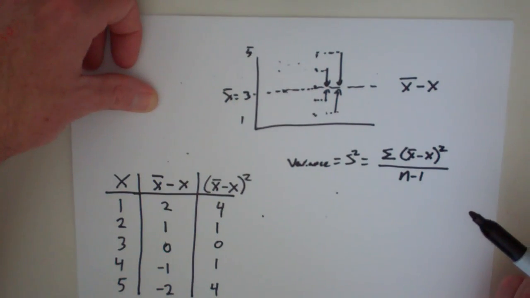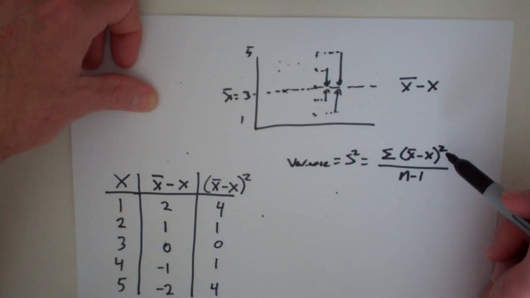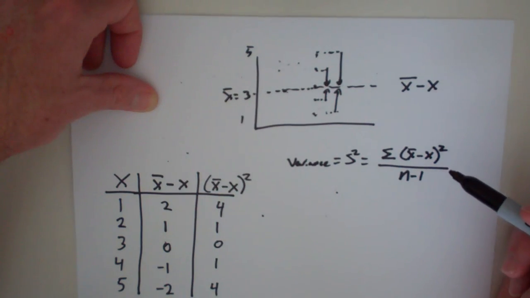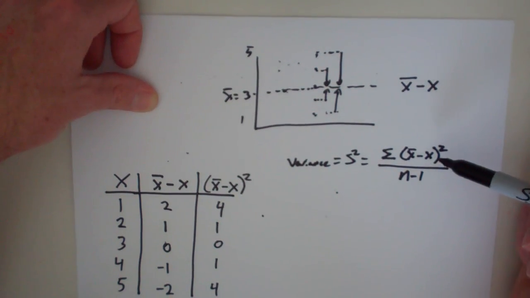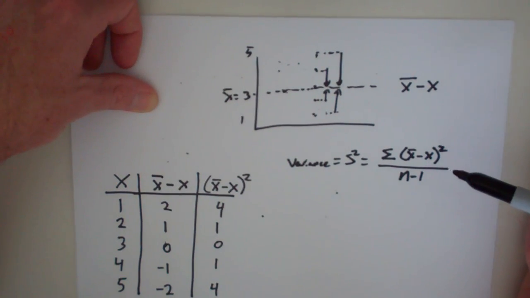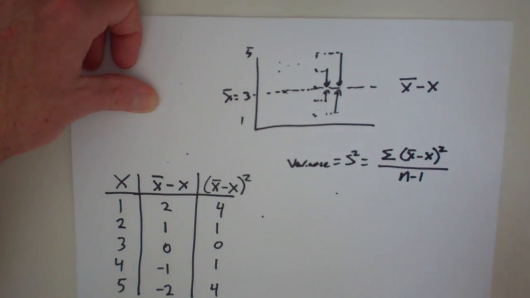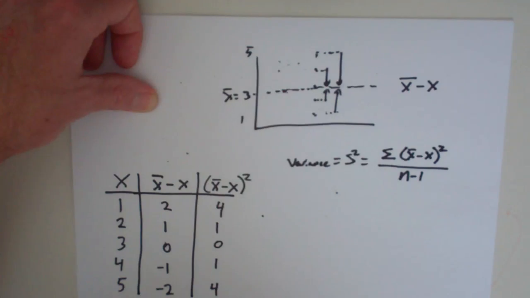So this is basically saying, aside from the square, it's the average difference of each point from the mean. So how far on average is each point from the mean? In this case, since we've got the square on it, it's the average squared distance from the mean. And we'll talk about that and its relevance in a moment.